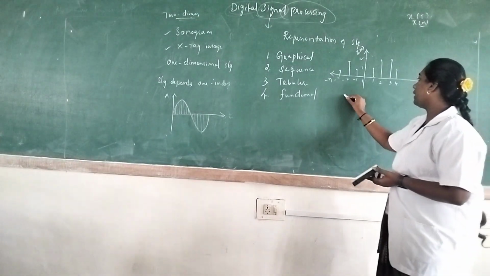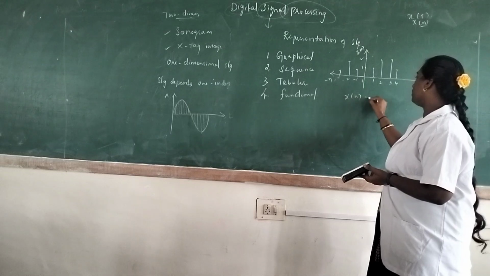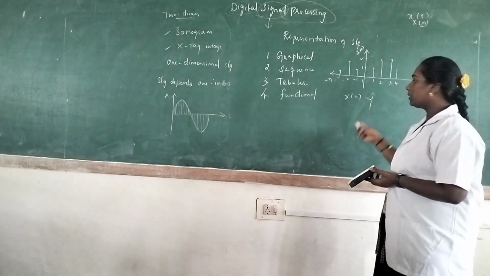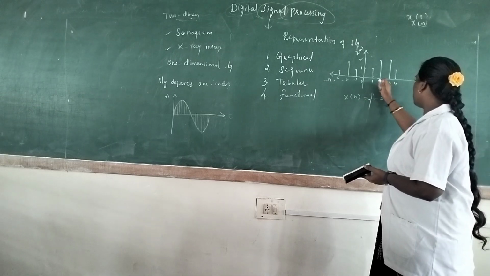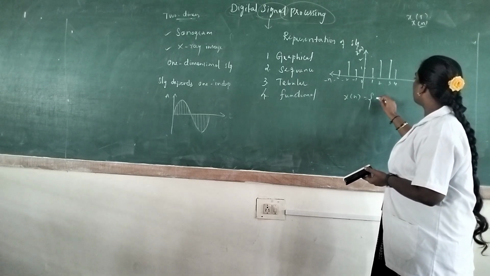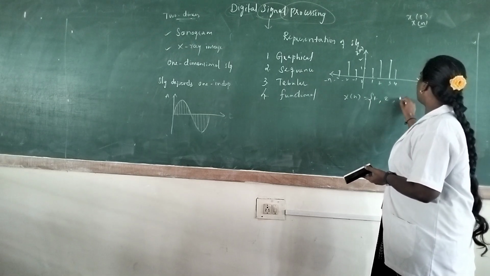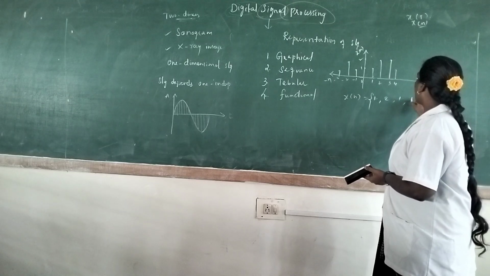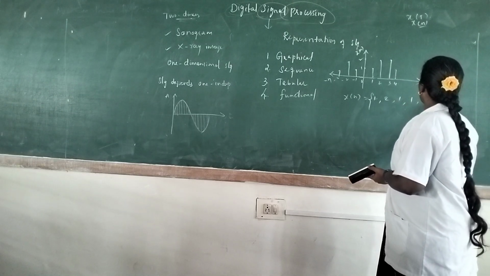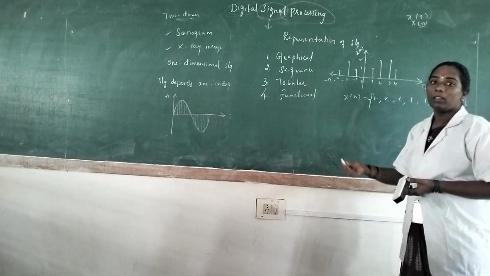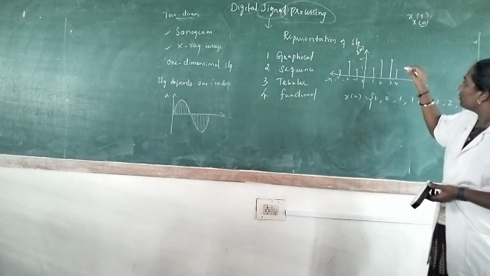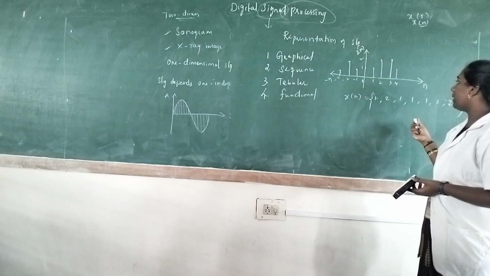That is, x of n is your function. Here you can represent this same graph in terms of sequence as 1, 2, 1. So this is the representation of the same graph in sequence manner.